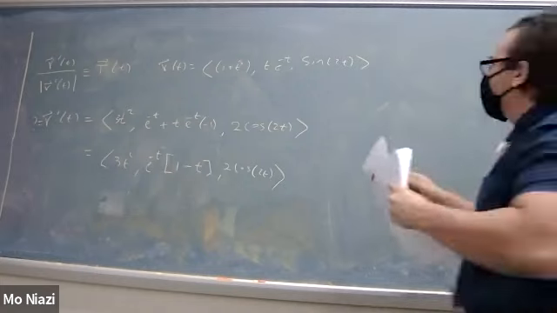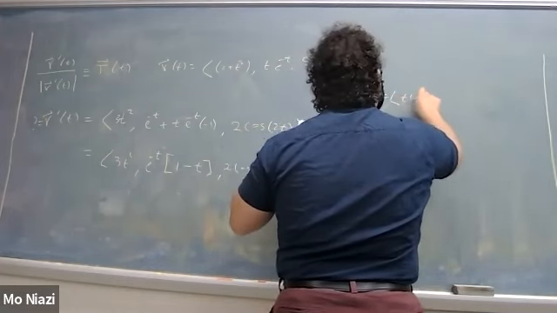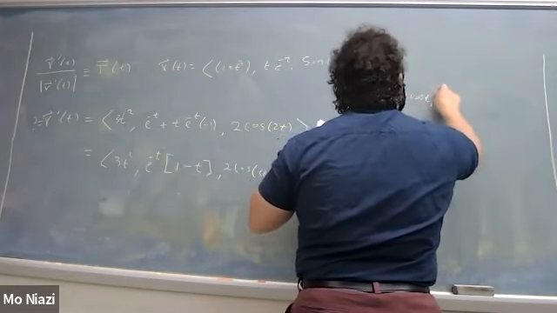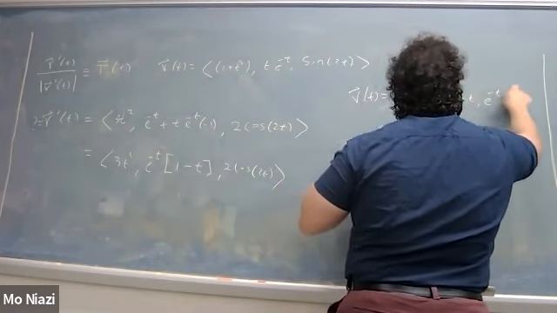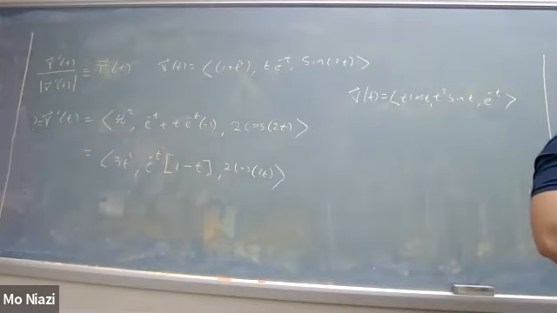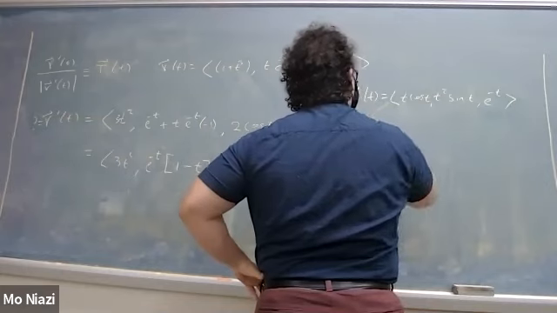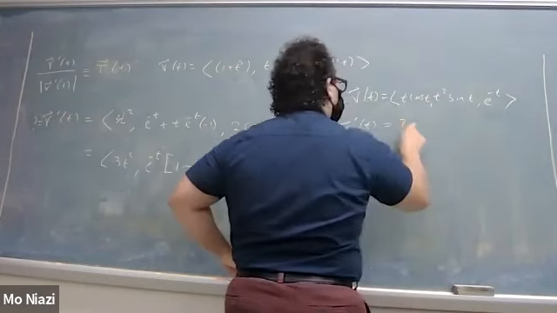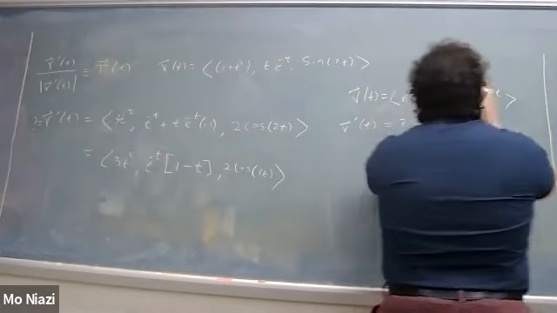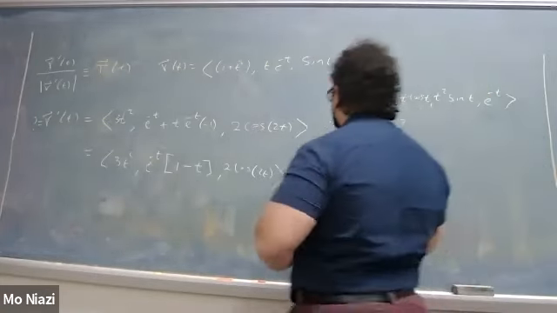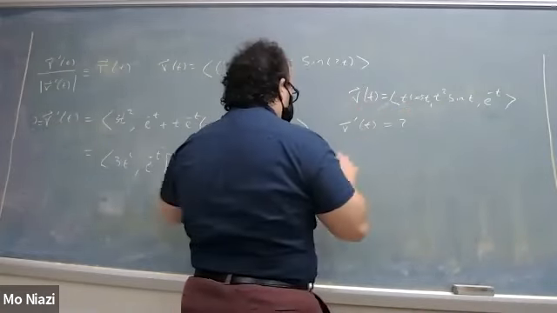What about this one? Let's say r of t, I define it to be t cosine of t, t squared sine of t, and e to the negative t. What is r prime of t? Again, take the derivative of each of the components. The first one, when we take the derivative of t, it becomes 1, cosine of t we leave alone.